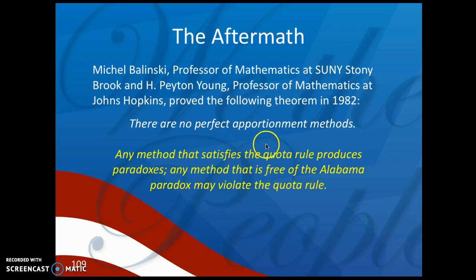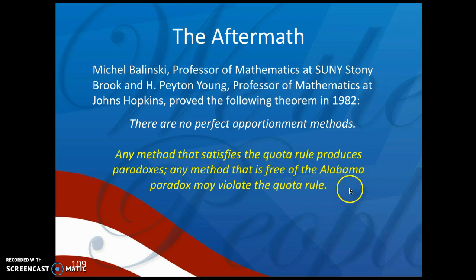So any method that satisfies the quota rule can produce paradoxes, again, like the Alabama paradox or population paradox. On the flip side, any method that is free of those paradoxes may violate the quota rule. So for our class, think the Hamilton method always satisfies the quota rule, but the Hamilton method could violate the Alabama paradox.